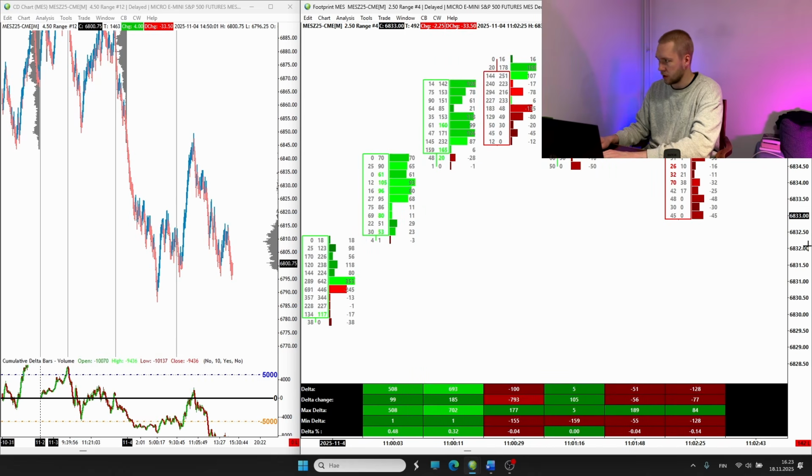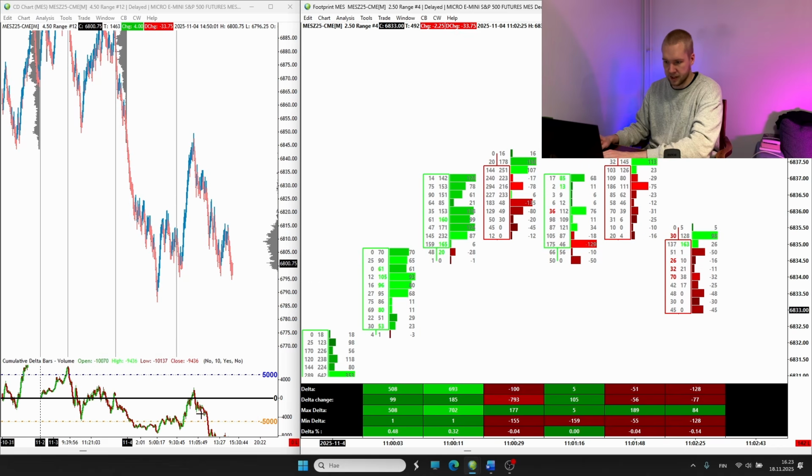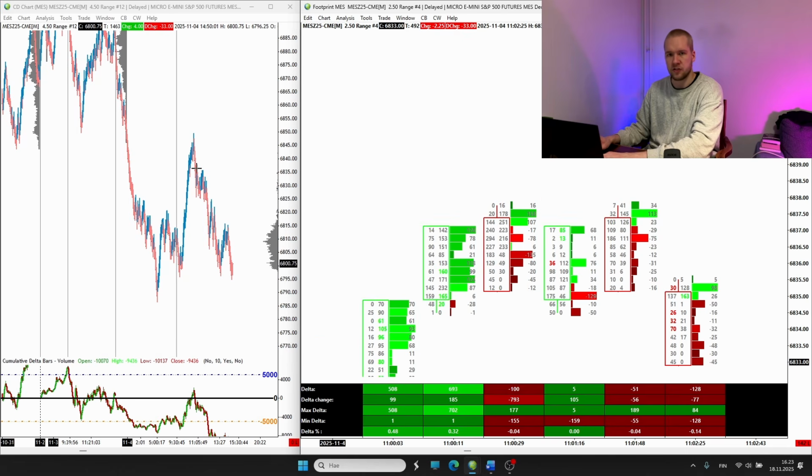What's interesting about this one is that the cumulative delta never goes positive. So although we have strong buyers coming in, if you entered short here, you don't actually need to be too alarmed, because we can see that the buyers aren't able to push cumulative delta to the positive, right?